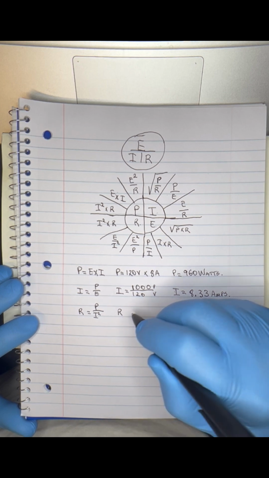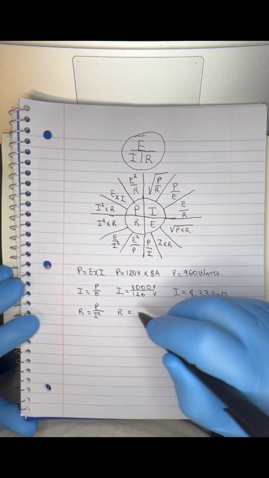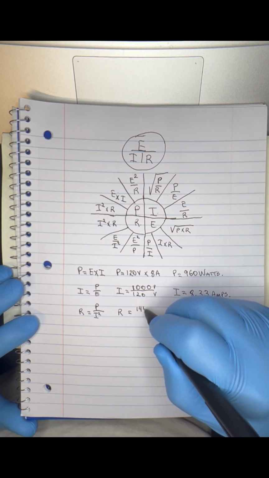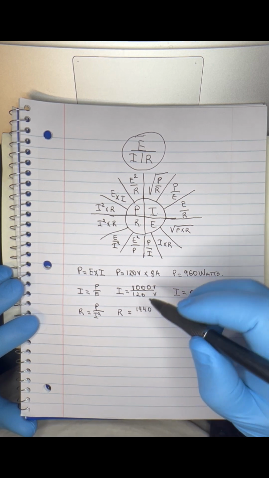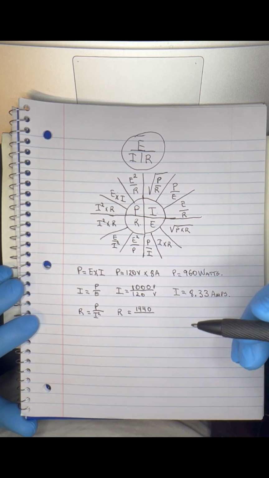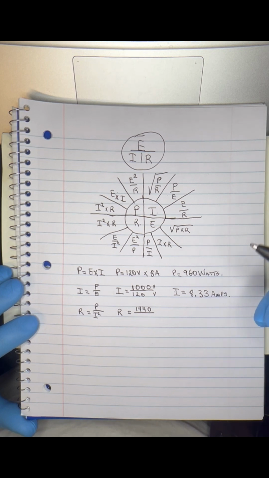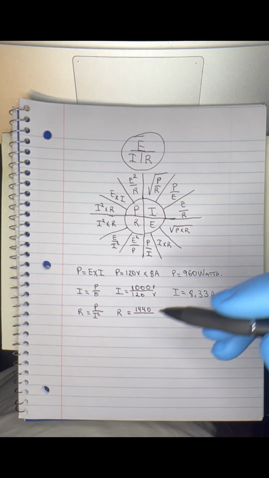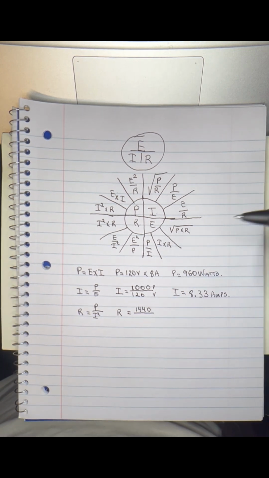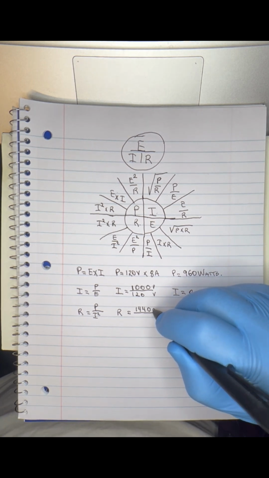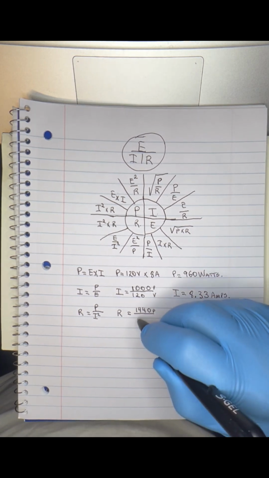Therefore, R, for example, equals 1440 watts over, remember, I squared. So for example, 1440 could be a hair dryer, anything, over 12 amps.